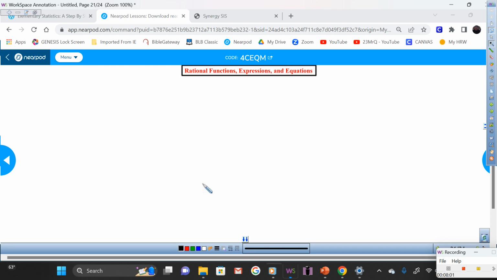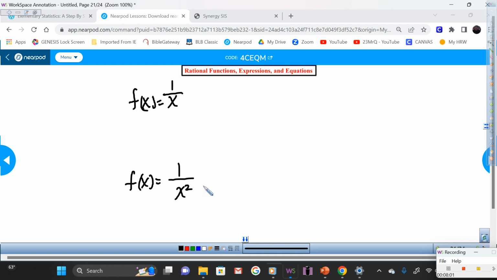So we've looked at rational functions. There's only two types of rational functions that I introduced. f(x) = 1/x. Is that correct? And the second one was yesterday: f(x) = 1/x squared.